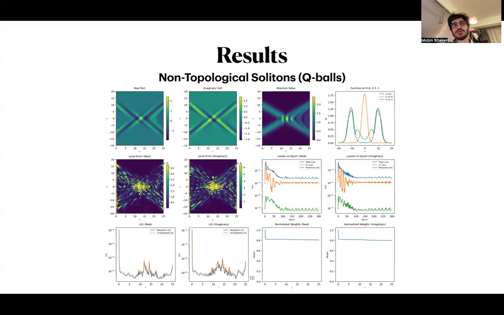So as a result, to validate our approach, we apply the method to test the case of non-topological soliton, and the results are as here. You can see the results, the errors, and these are the final epochs after a training of around an hour.